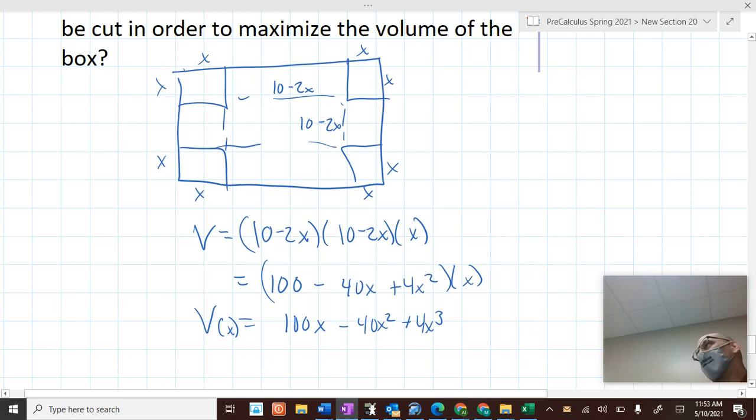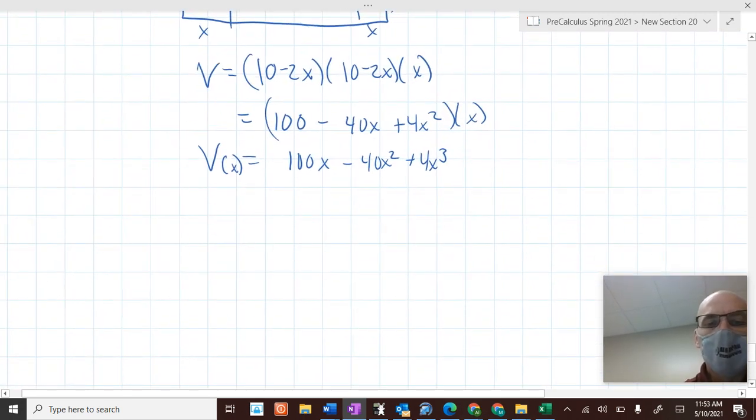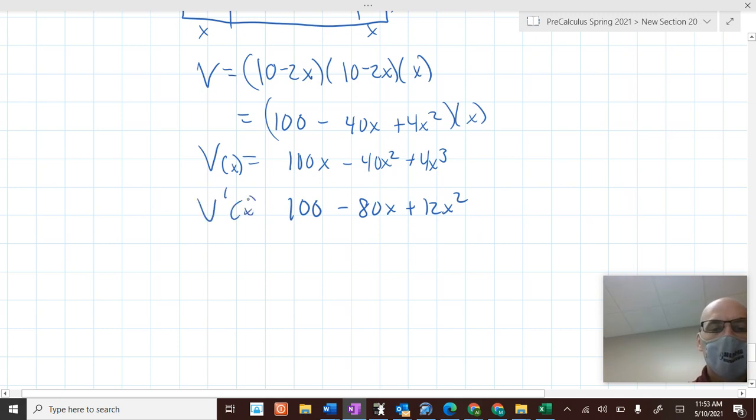To maximize the volume function, we find the first derivative and set the first derivative equal to 0. So 100 minus 80x plus 12x squared equals 0.